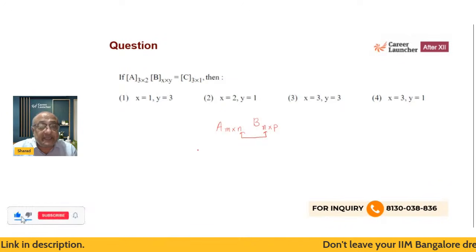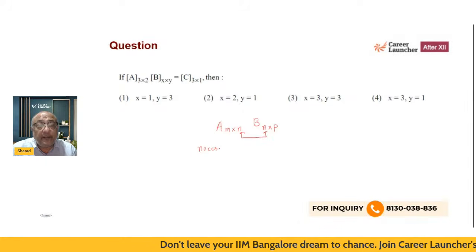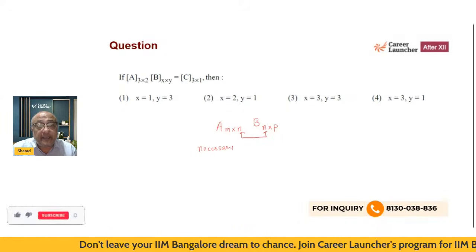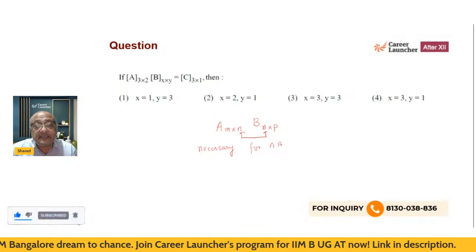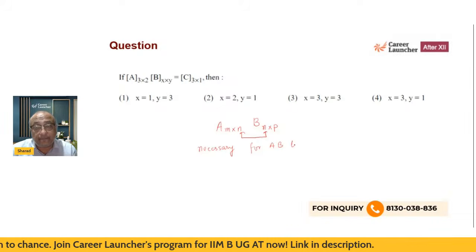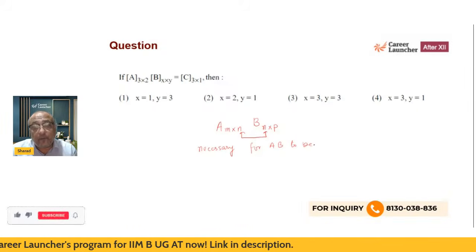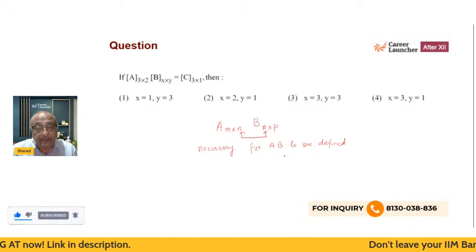So what is the necessary condition for A into B to exist, or to be defined? I'm sure all of you know it is simple.